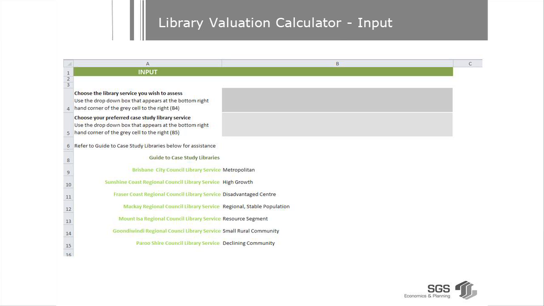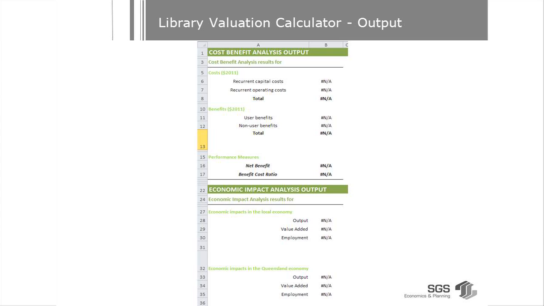Now, we allocated each of the library services to a case study, but I guess library managers would have a better understanding or might disagree with how we've allocated their library and what they think their user base would reflect in terms of their willingness to pay, etc. So they can choose which case study library to benchmark their library against, and basically the output page will pop up, and we'll have all of the outputs from both that cost-benefit perspective and from the economic impact perspective. So I'll take you through the model now, if I can get it up here.